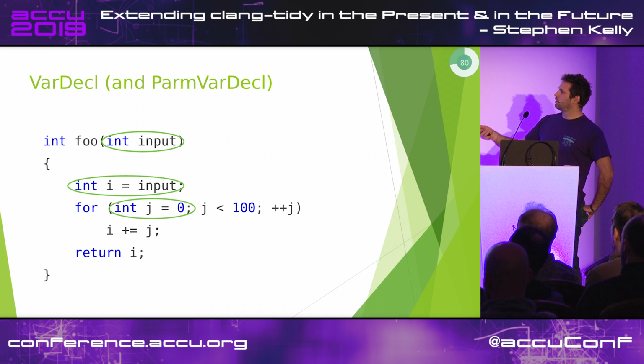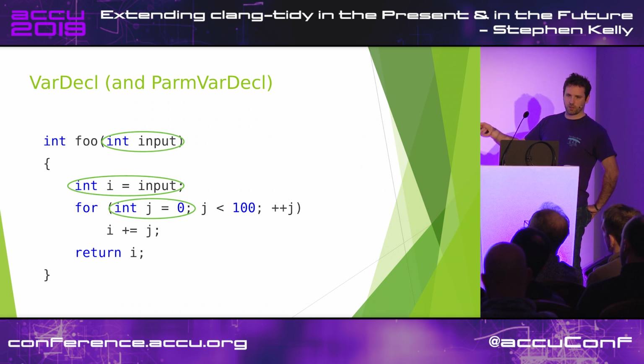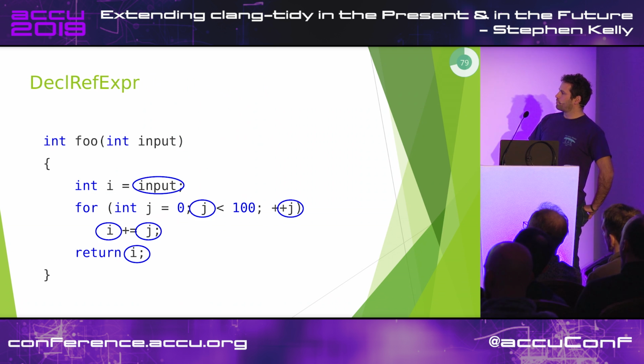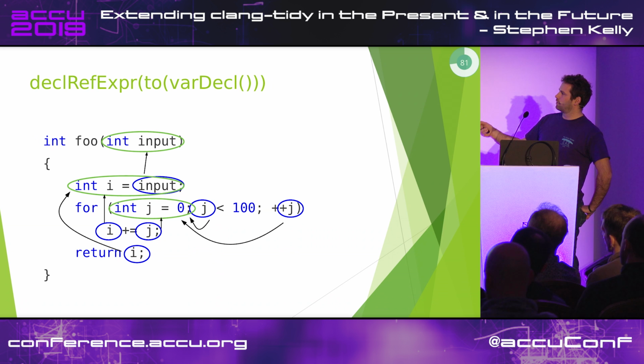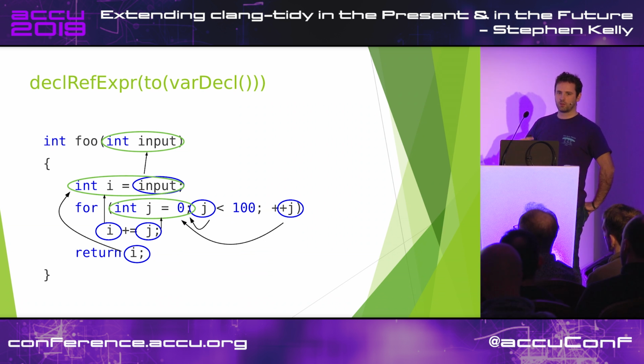And here, var decls and parameter var decls are circled in the source code as well. So obviously, var decl is the declaration of the variable, and the two are related with the to matcher. So if I have a declRefExpr, like I, I would write to var decl to get from this I to this one, the actual location where it's declared.